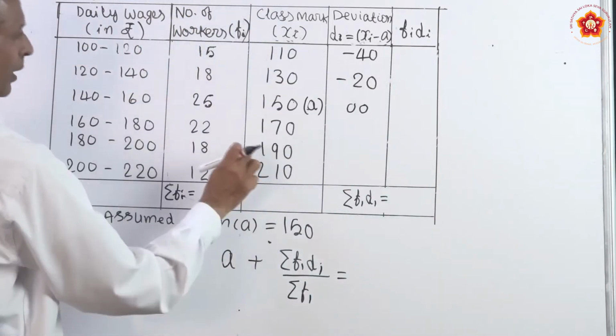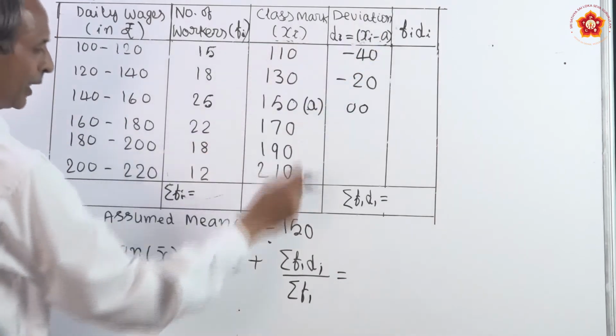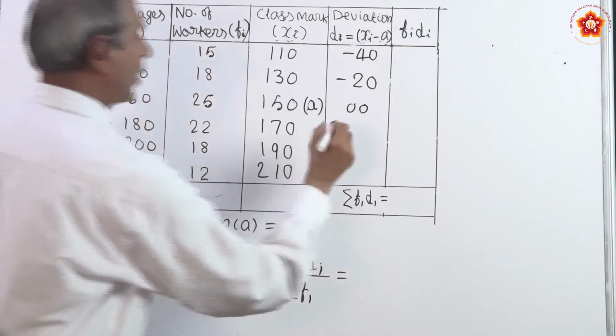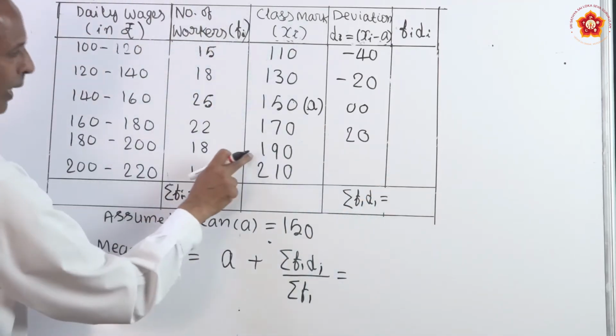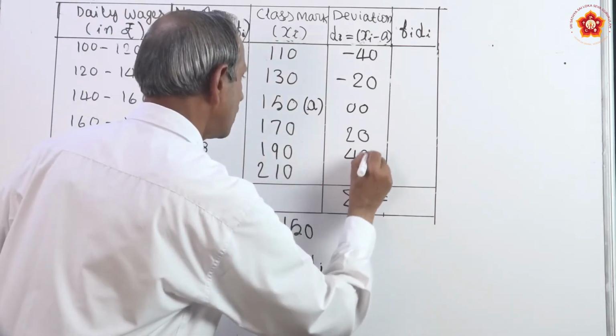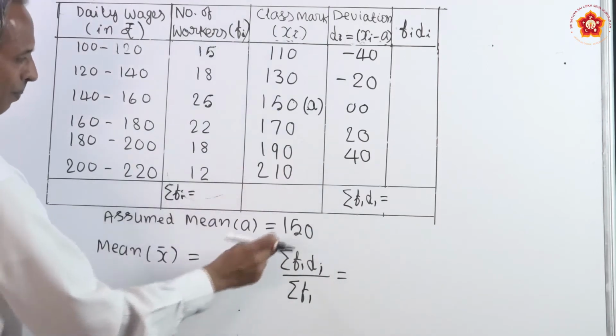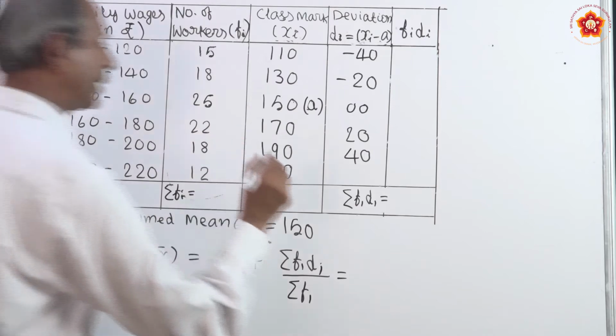Now 170 is the xi value, 170 minus 150, you will get plus 20 here. Next 190 minus 150, you will get 40. Similarly, 210 minus 150, if you subtract, you will get 60 here.